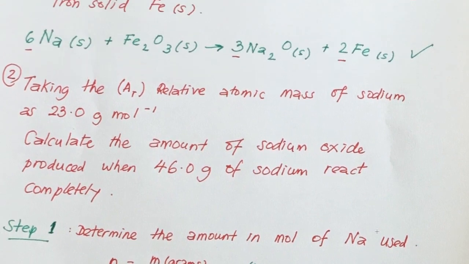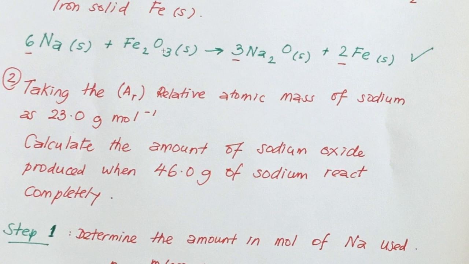But the balanced equation says 6, 1, 3, 2. So if in reality this is reduced to a 2, we can immediately say that it is reduced by 6 divided by 2, a factor of 3. So 1 divided by 3, this would be reduced to 1/3. This would be reduced to 3 divided by 3, which is 1. And this would be reduced to 2 divided by 3, which is 2/3.